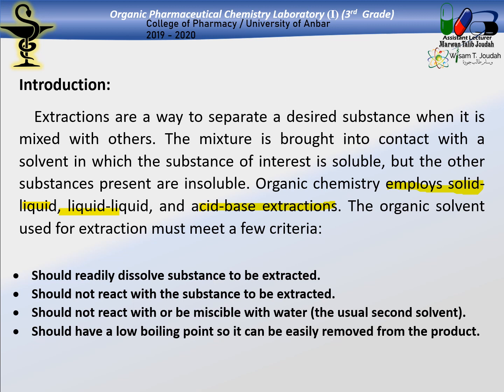Okay, فهنا لازم اسوي removing to the solvent. So if its boiling point was really high, it's going to be really difficult to get rid of it. So it must have a low boiling point. All right.